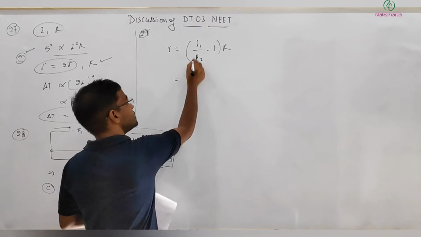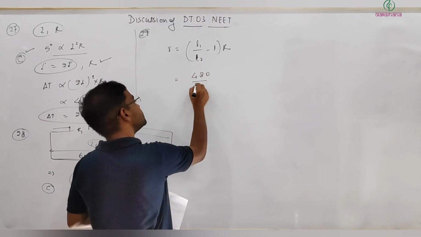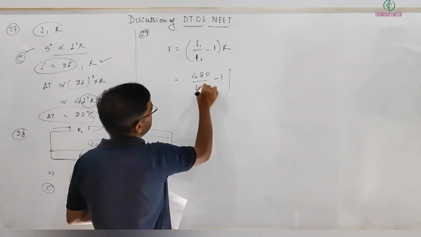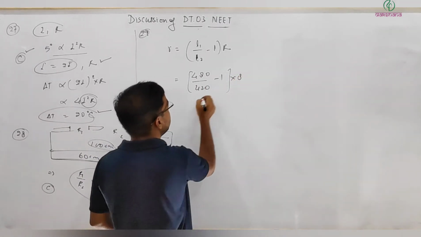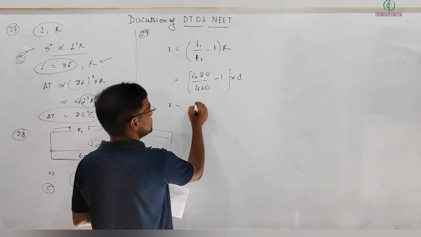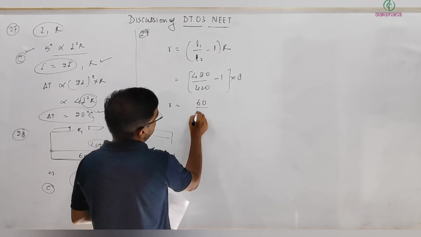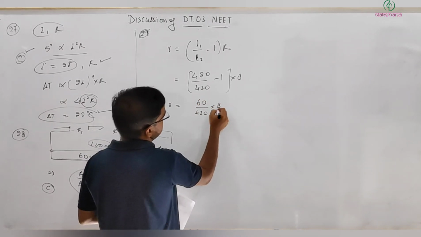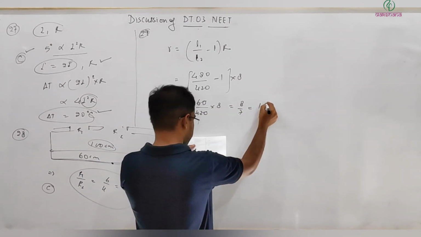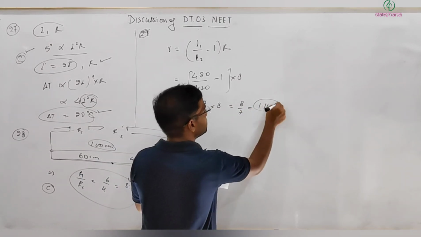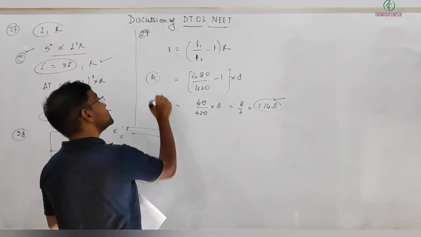L1 is 480, L2 is 420, minus 1, multiplied by the resistance, 8 ohm. Solving, we get r equal to 60 divided by 420 multiplied by 8, that is 8 by 7, which comes out to be 1.14 ohm. This is your answer, matches with option A.